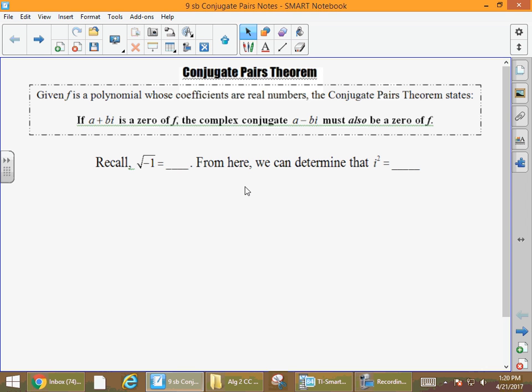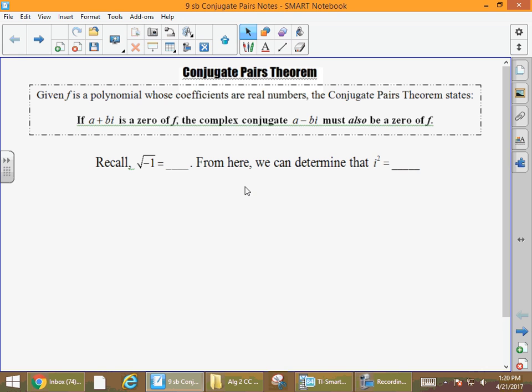So in the case of the conjugate pairs theorem, if we're given a polynomial, and one of the roots of the polynomial is a plus bi, then its conjugate is a minus bi. We changed one sign. It was plus bi originally, and then it became minus bi.